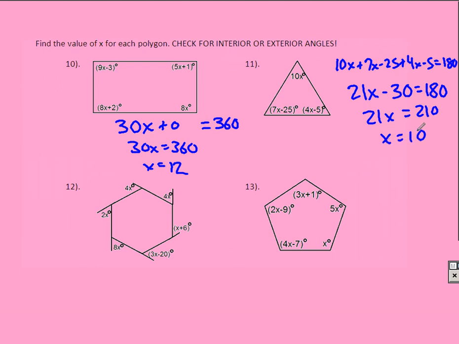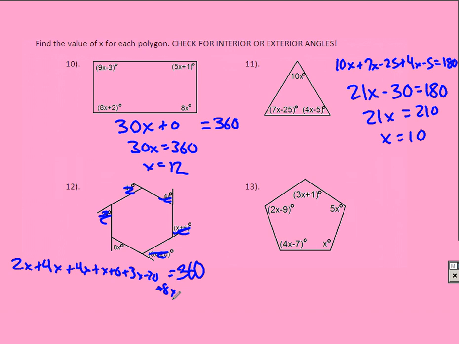Now, number 12, this is one where you'll make your most mistakes. These are exterior angles, and exterior angles always add up to 360 degrees. So, again, let's figure out how much we have when we add all this up. I have a 2x, plus a 4x, plus another 4x, plus an x plus 6, plus a 3x minus 20, plus an 8x to equal 360.